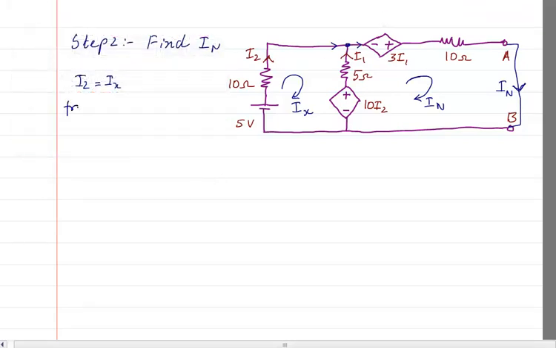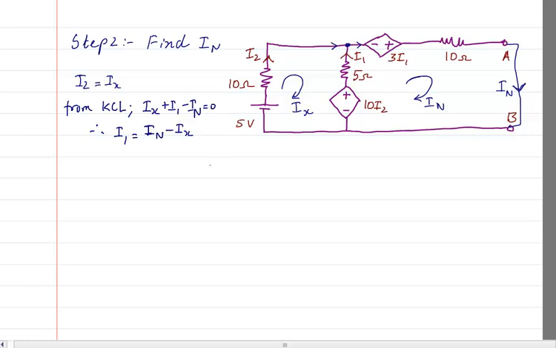From KCL I will get Ix, which is incoming, so plus Ix. I1 is also incoming, so plus I1. IN is outgoing, so minus IN is equal to 0, from which I get I1 equal to IN minus Ix. That is one way of doing it.